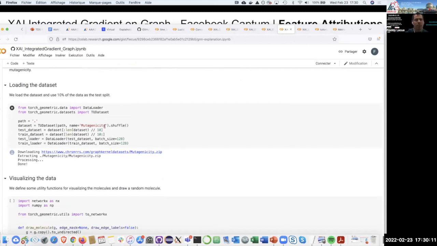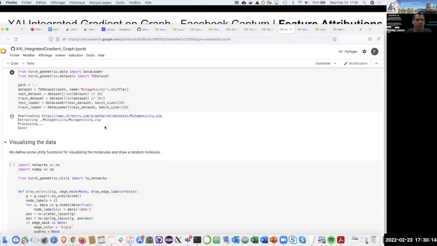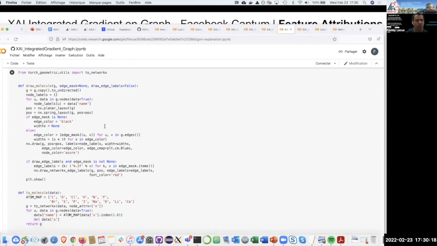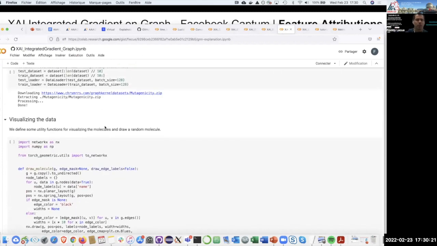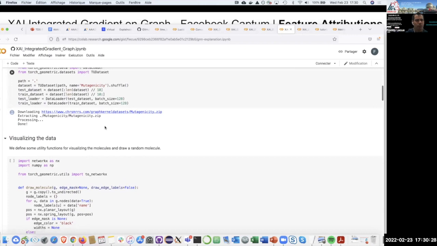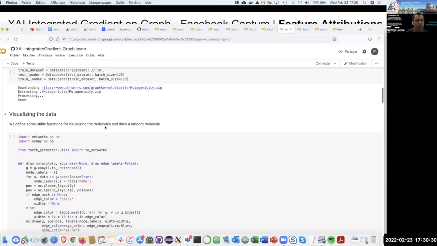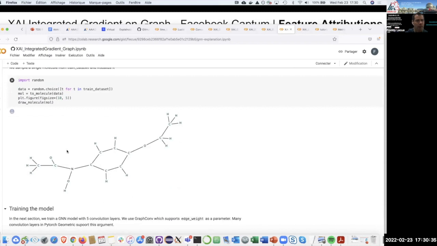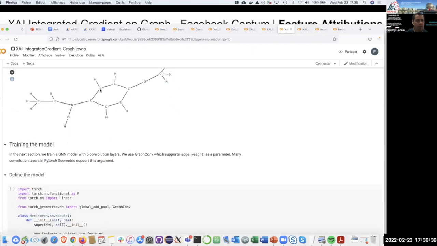Mutagenicity is a pretty well known and well used data set. It's a graph dataset, and the goal is to predict if molecules can mutate in different groups. This is an example of the graph structure, and because it's a graph, you build a model based on the graph. So it's a graph neural network.